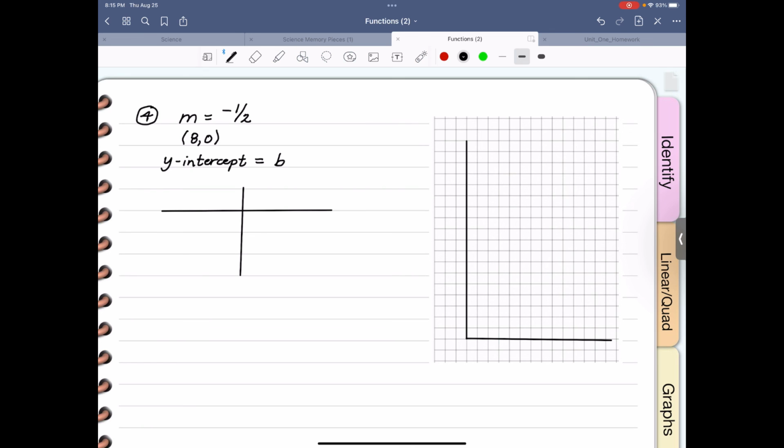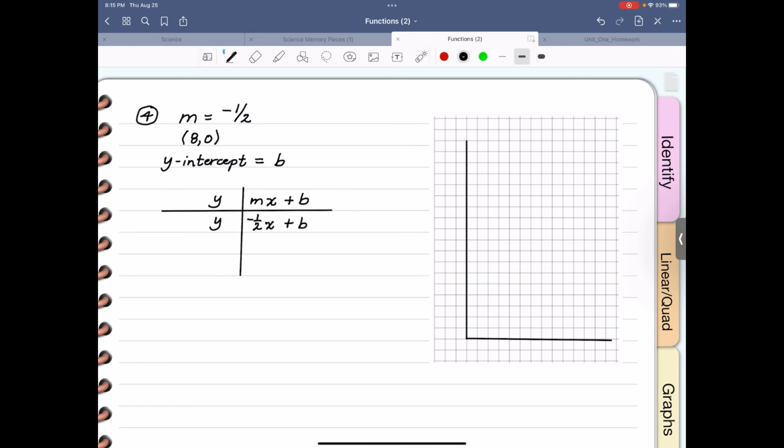Which one of those formulas has baby B in it? Well, it's the slope-intercept formula. It's y equals mx plus b. And we know slope. They already told us that. Okay. But we need to know a value for y. And they gave us one because they gave us a point.